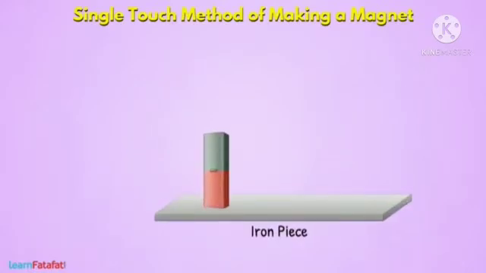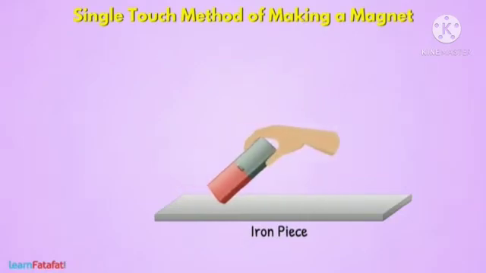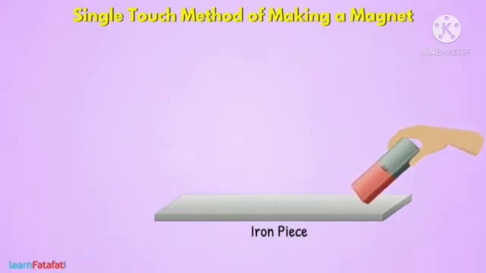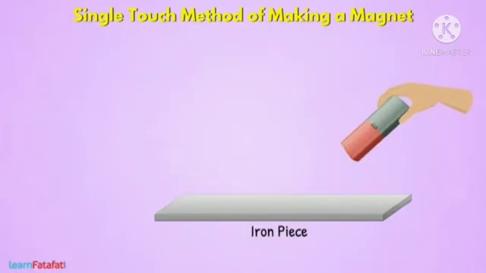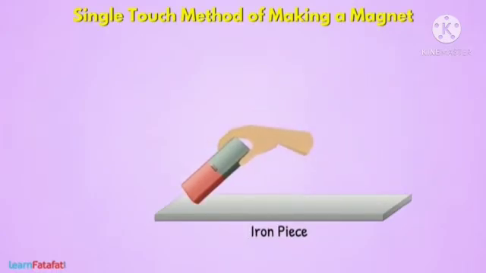So children, are you ready to make your own magnet? Let us watch this video and we will try to make our own magnet. For that, take an iron piece and also a bar magnet. Now, keep one of its poles near one edge of the bar of iron.